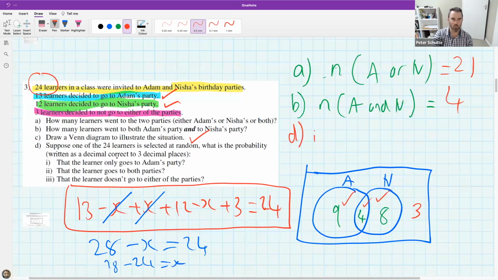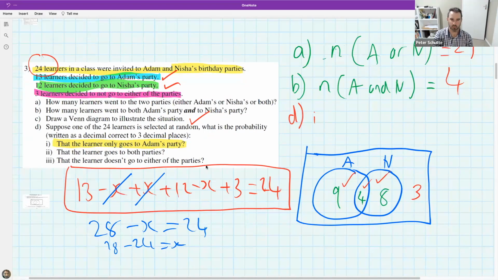So what is the probability, if you choose randomly from this collection of learners, that the learner only goes to Adam's party? What is that probability going to be? So only going to Adam's party is going to be 9 out of 24.